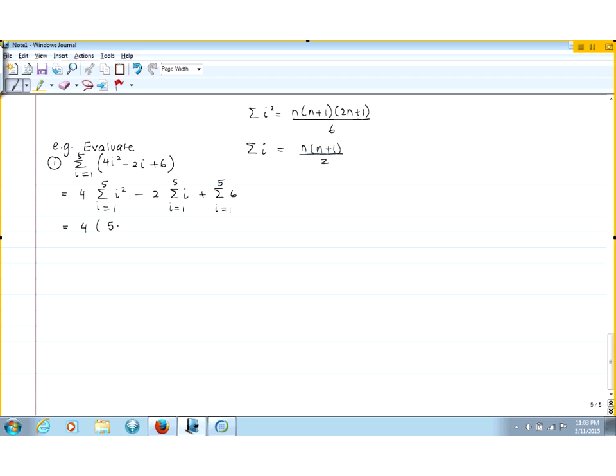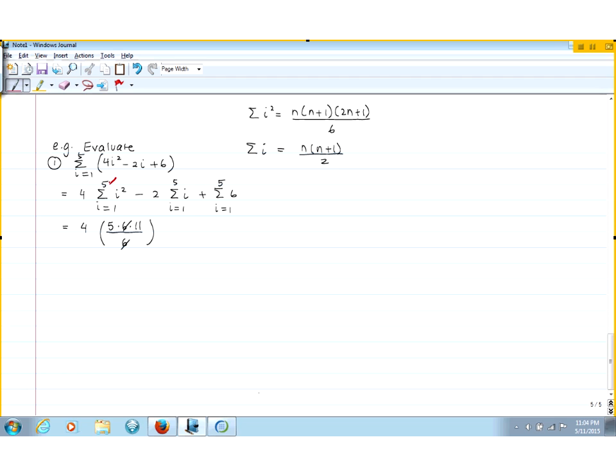In this case, n is 5, so the first one would be 5 times 6 times 2 times 5 plus 1, so 11, divided by 6. Alright, so this cancels. So this gives me sigma i squared.